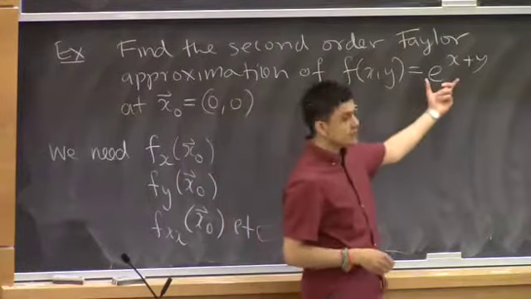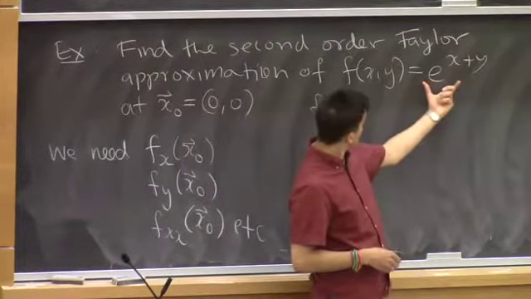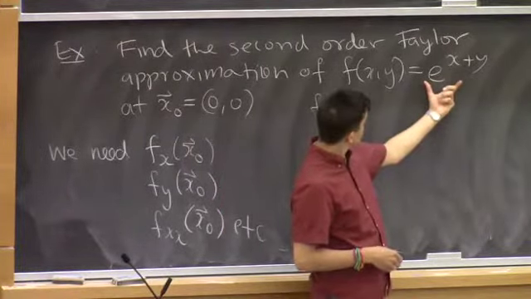Taking the derivative in x, we see that we've got e to the x times some constant. Taking the derivative in y, let me get that again.